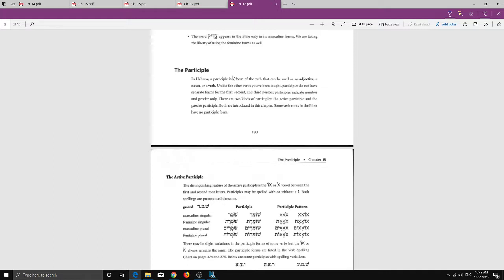So a participle in English is a kind of verbal idea. It's a verbal idea that ends in ing. It is so hard to write with a mouse.